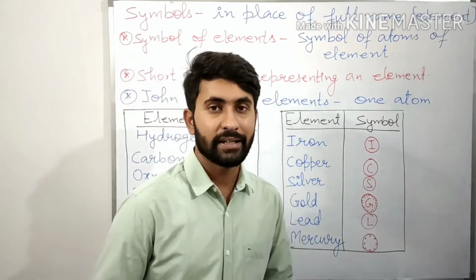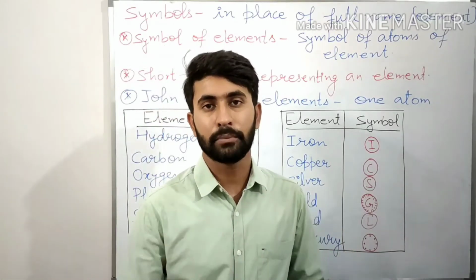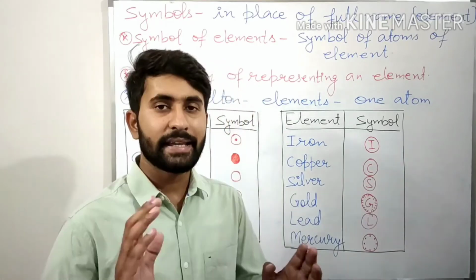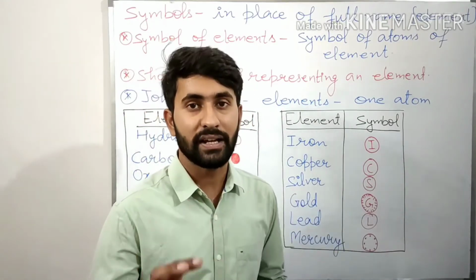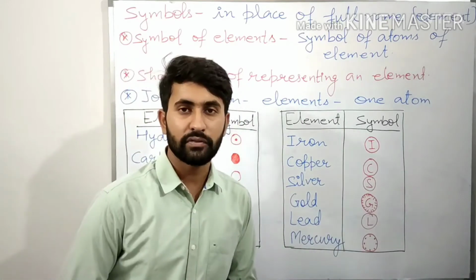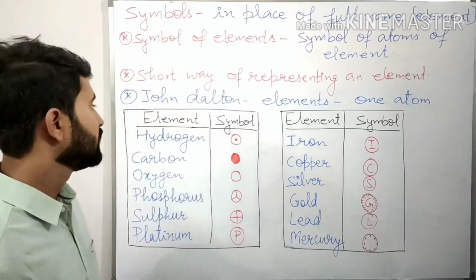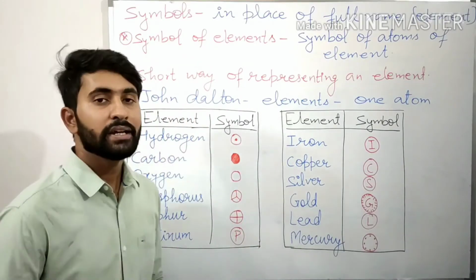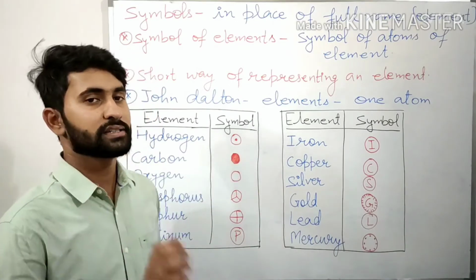Now John Dalton was the first scientist to use symbols for elements. His symbols represented the element as well as one atom of that element. Some of the symbols used by Dalton are: for hydrogen, he used a circle having a dot inside.